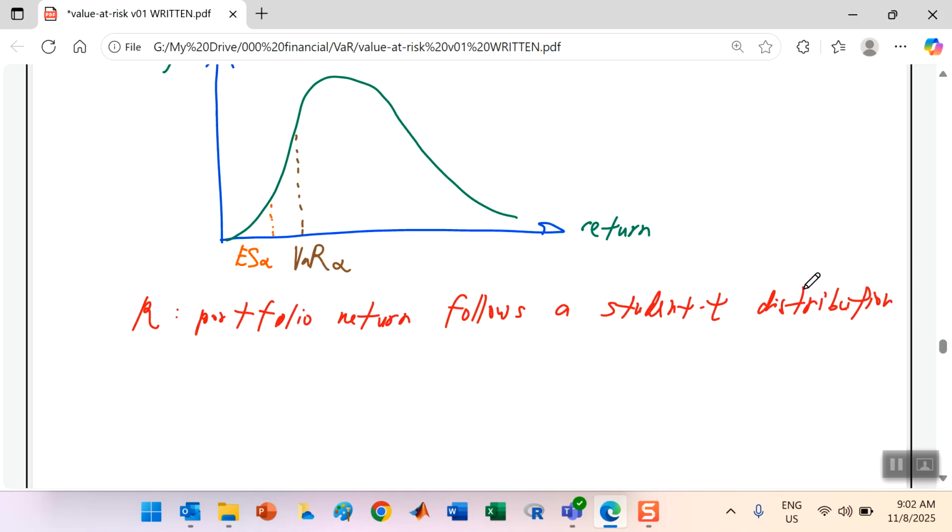Similar to the previous assumption, the Z normalization is now the T value. The process is the same, but now we are referring to the T value with the degrees of freedom mu.